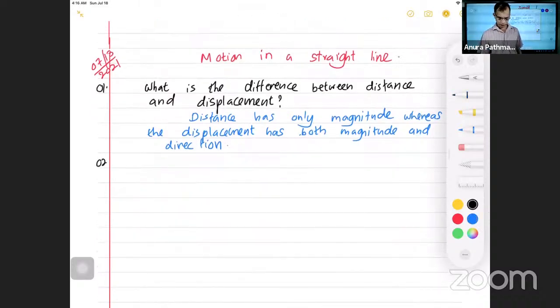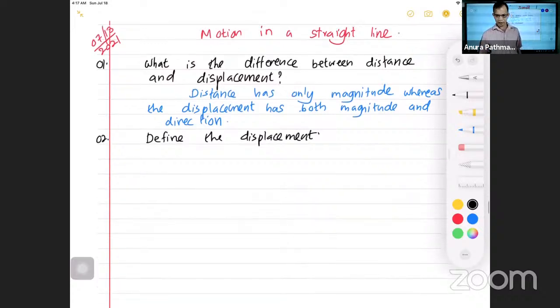Second, define displacement. So when you define displacement, what is displacement?